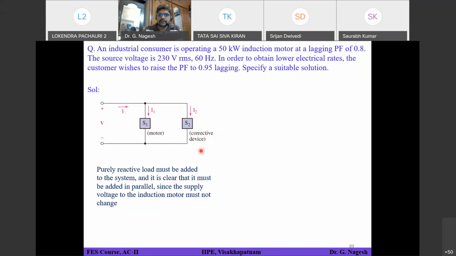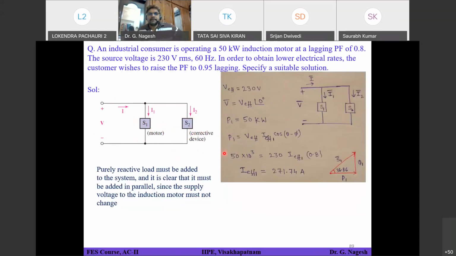So first step is we are considering that there is no element connected. That is the scenario we are trying to study. So 50 kilowatts is your real power, and this is your basic formula, P equals V effective into I effective into cos of theta minus phi. V effective is 230 volts, which was already given in the question, and we are considering the phase angle of 0 degrees.